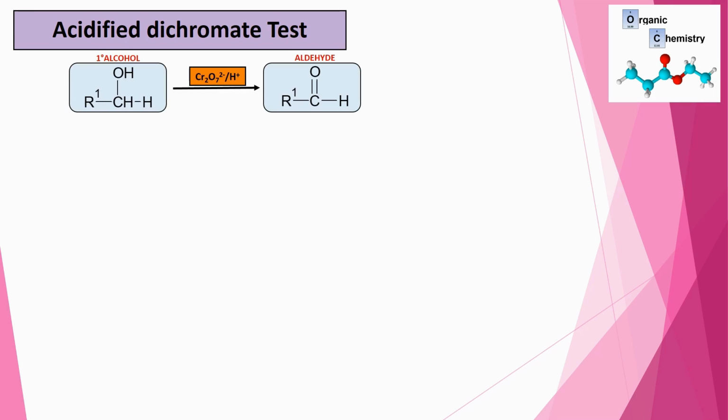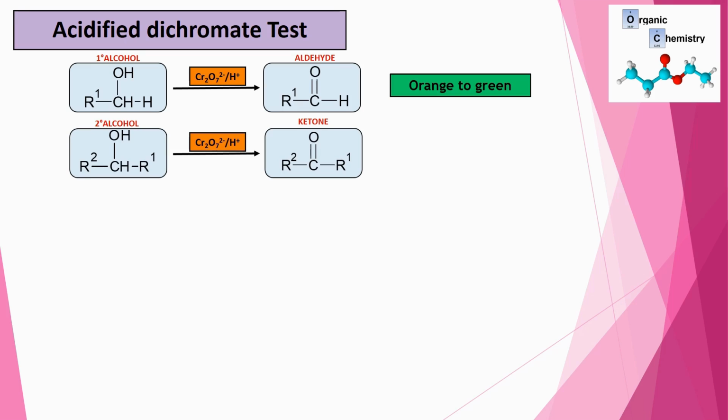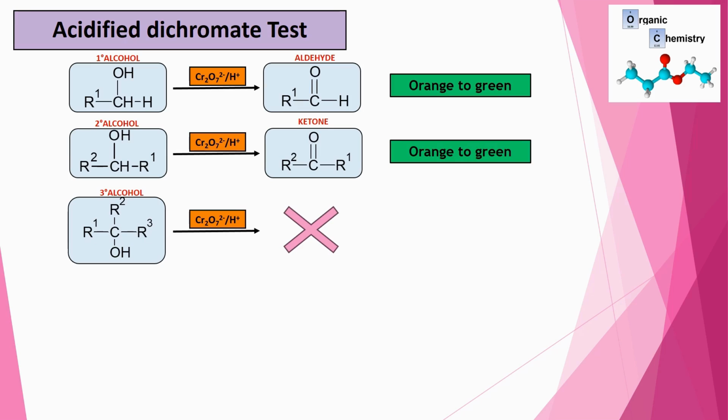Acidified dichromate test, okay, it's orange. It's also an oxidation reaction. It does exactly the same. They're about the same strength. Acidified permanganates are a wee bit stronger, but they do the same things. Primary goes to an aldehyde, orange to green. Secondary goes to a ketone, orange to green. Tertiary doesn't react.